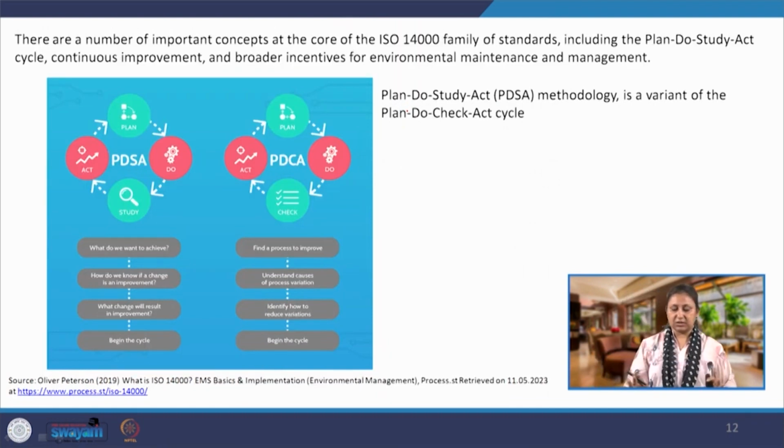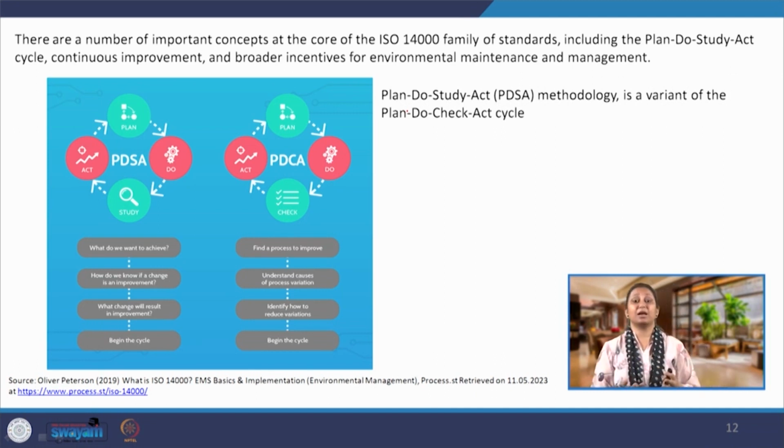Usually, the larger concept of the ISO 14000 family is Plan, Do, Study, Act, which is actually a variant of Plan, Do, Check, Act. So, it is a cyclic process, and they keep improving. Because it is an environmental management series, and the environment is not static, it has a dynamic behavior, it continues to change.